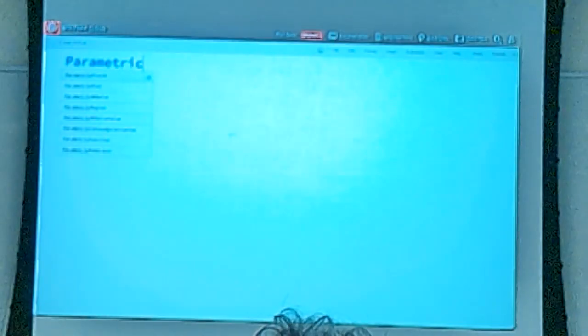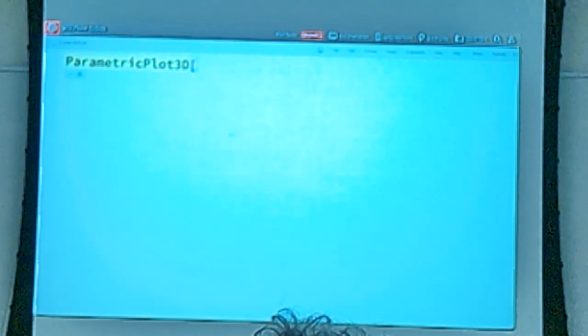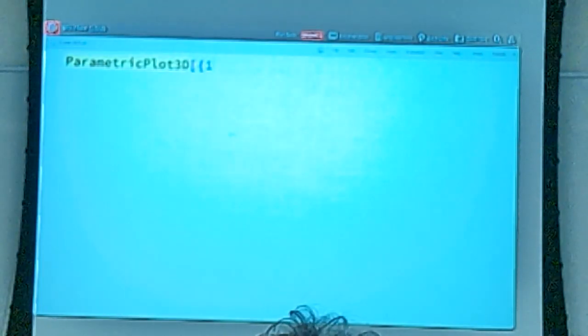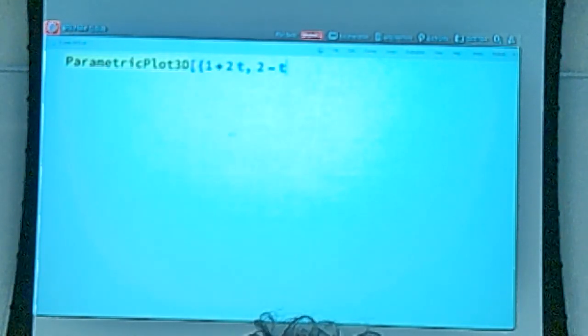Parametric plot. X equals 1 plus 2t, right? Y was 2 minus t. Z is 3 minus 4t.